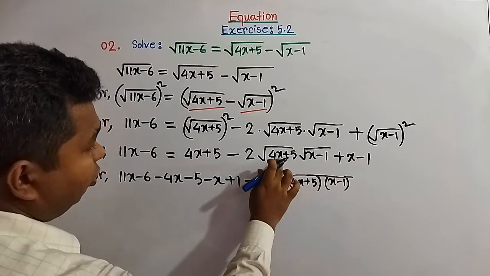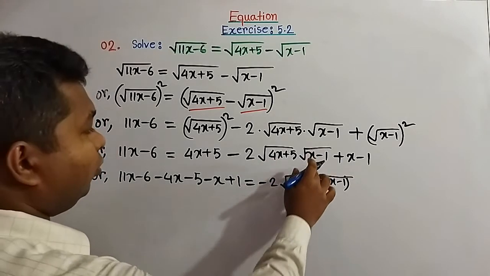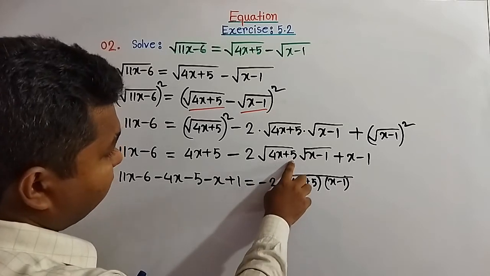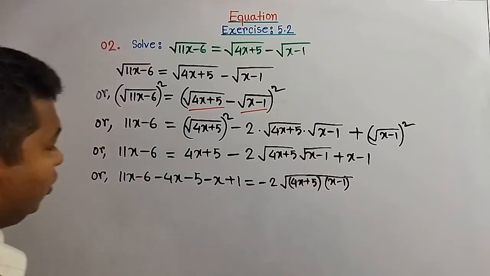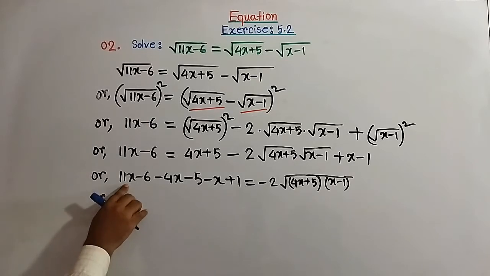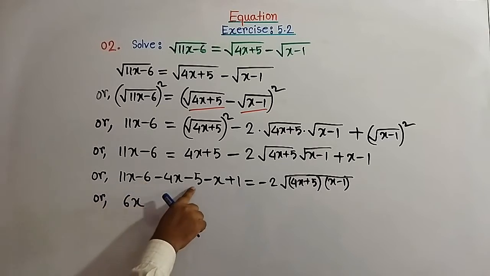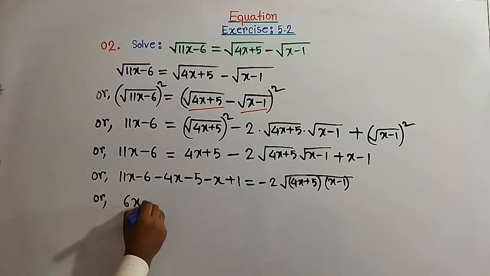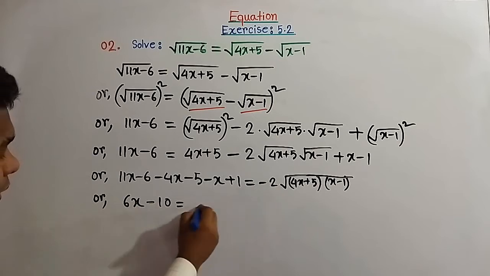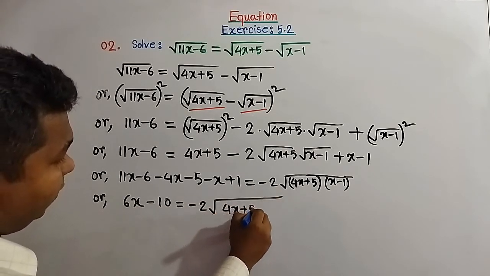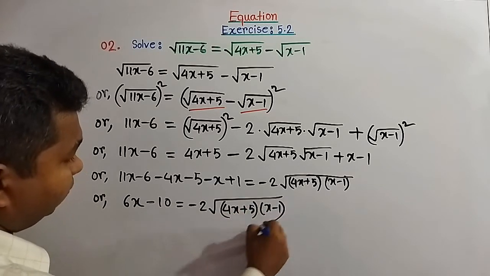Since √(4x + 5) into √(x − 1), we can write this as √((4x + 5)(x − 1)). Here 11x − 4x equal to 7x, 7x − x equal to 6x, so 6x − 6 − 5 + 1 equal to −10 equal to −2 into √((4x + 5)(x − 1)).